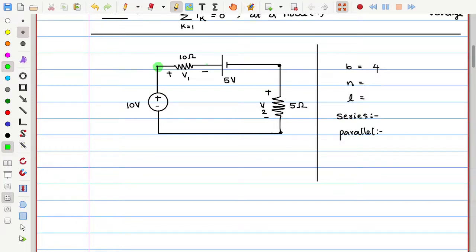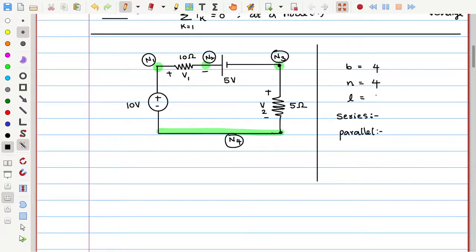Next, this is also a junction connecting two elements. This is one more junction. This entire thing is one more junction. So totally four nodes are there. Let me write N1, N2, N3 and N4.